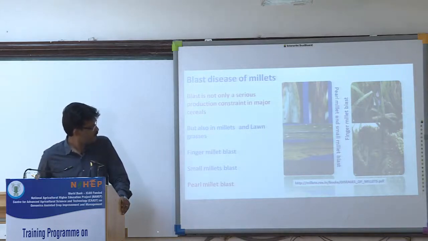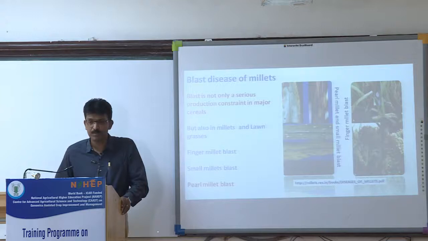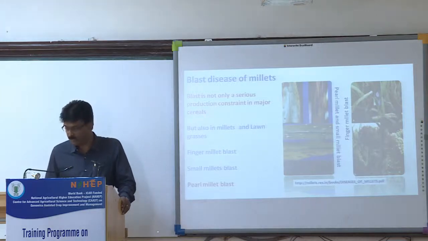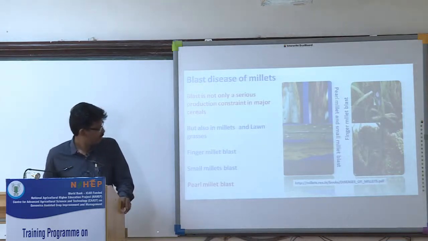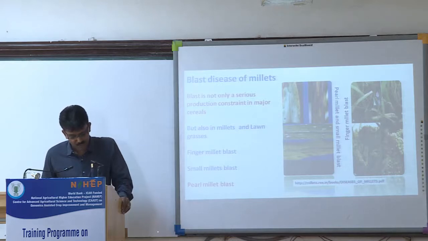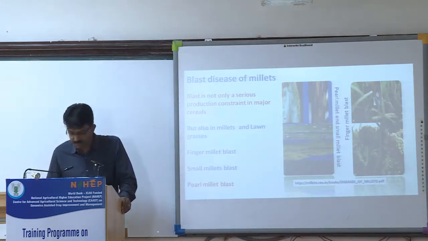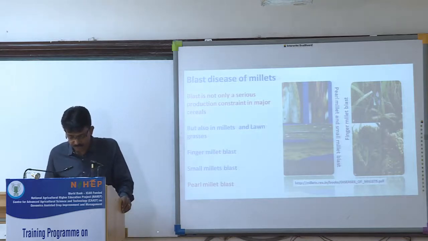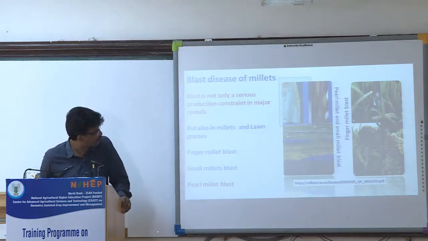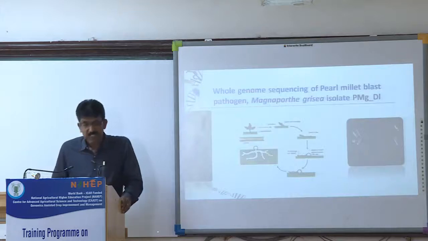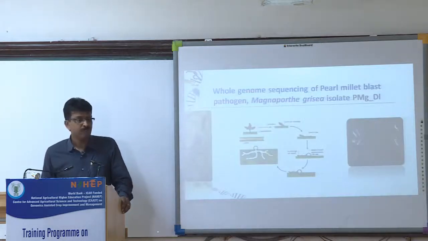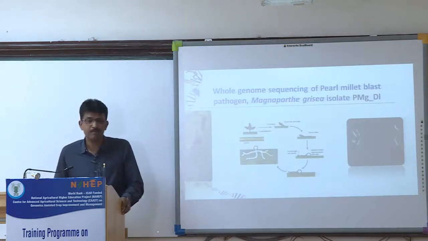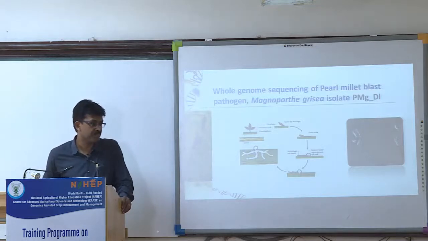So, blast is not only a serious production constraint in rice, but also in many other cereals, and in particular millets: finger millet, small millet and pearl millet are severely affected. This is a typical pearl millet blast, and we selected one of those pearl millet strains for genome sequencing.